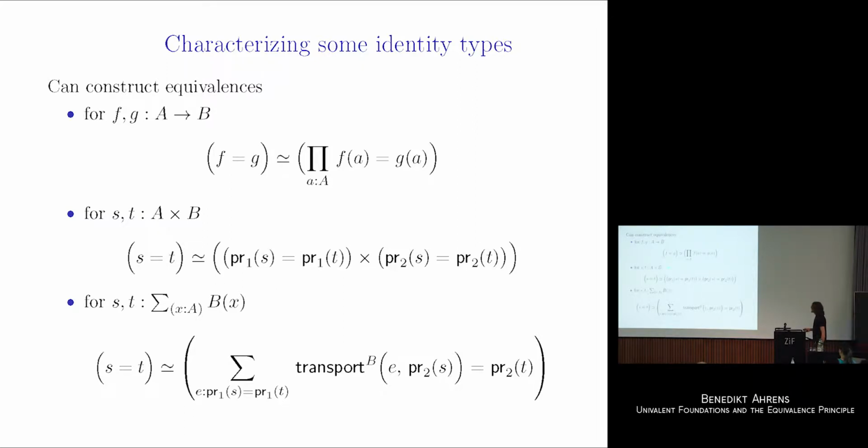And as a generalization of this characterization, when I have a dependent pair, so S and T are now pairs of an element in A and an element in B of the first element.